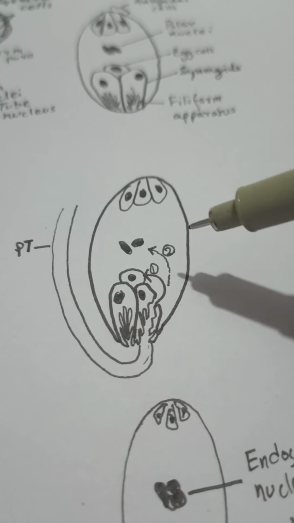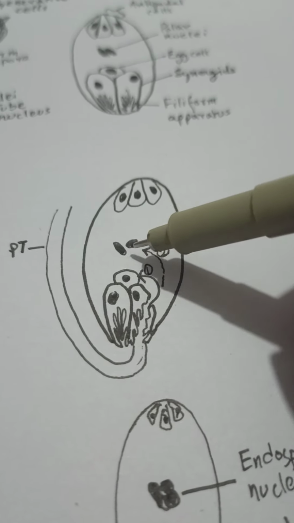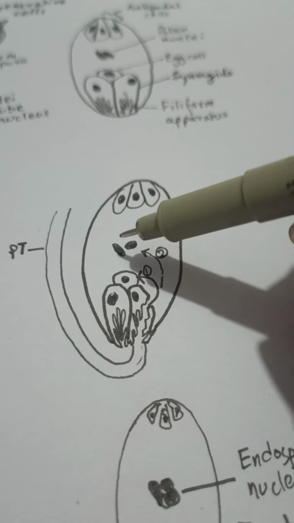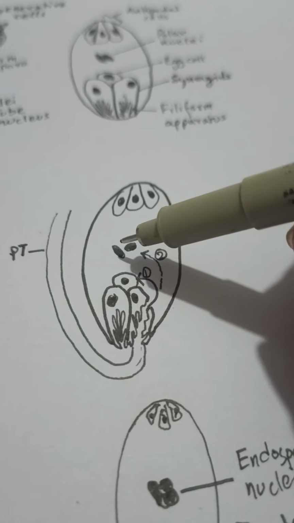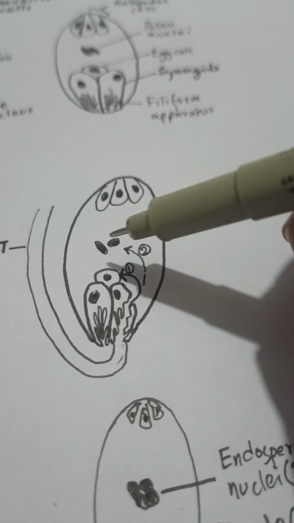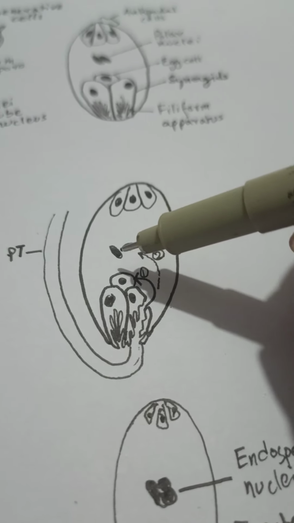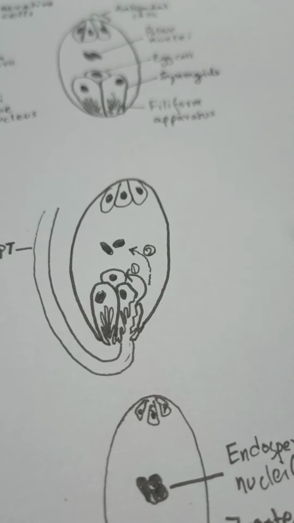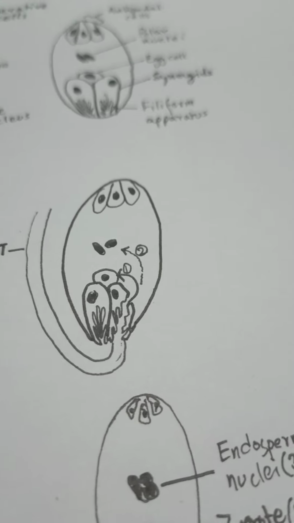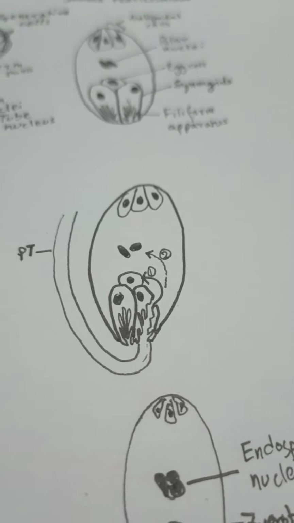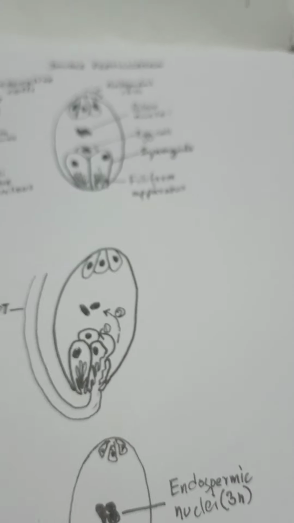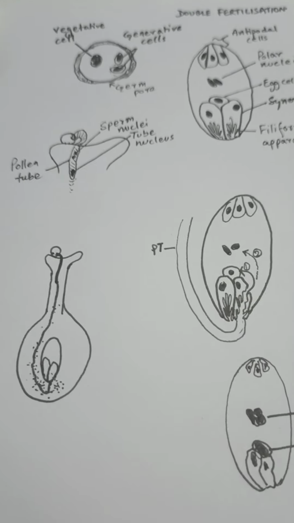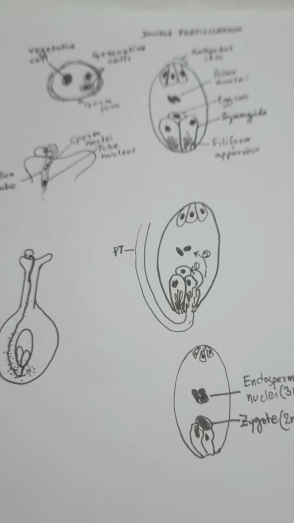The two polar nuclei first fuse together, and then the sperm nucleus comes and fuses with them. So the triple fusion step takes place right at this moment. Three nuclei are fusing together. This is the entire double fertilization process that we see in most plants, because it is very common in most plants.